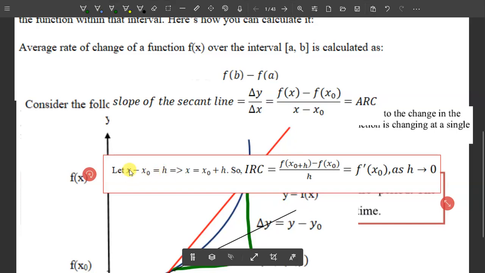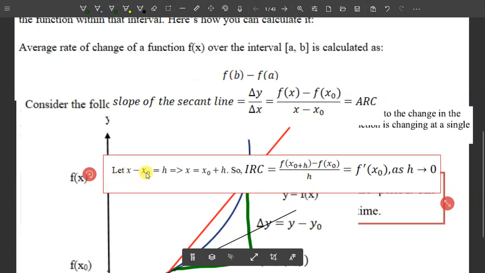Then if we solve for x, our x is equal to x0 plus h. Then replace this x by x0 plus h. Here we have minus f of x0. Then this change becomes h.